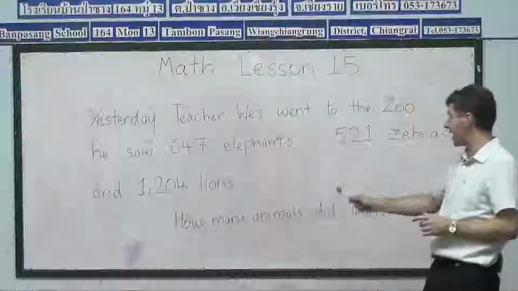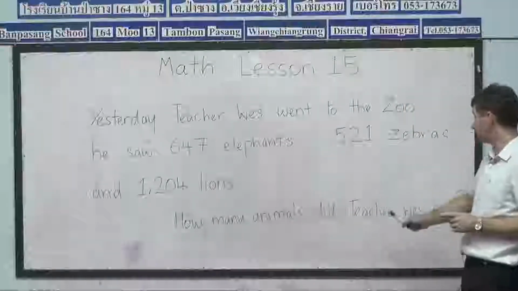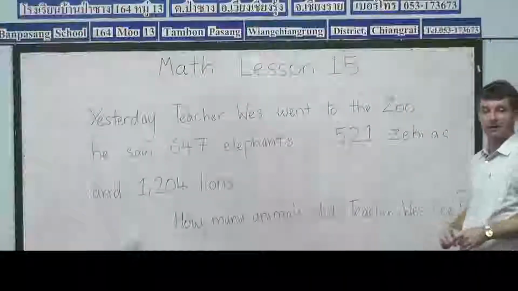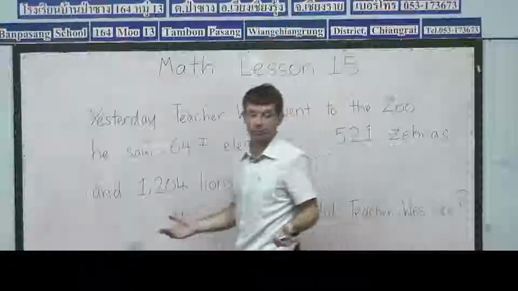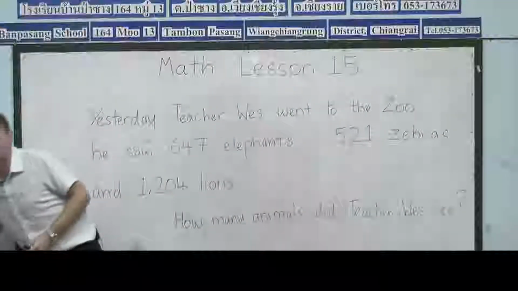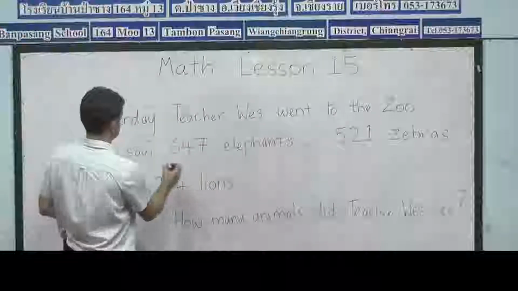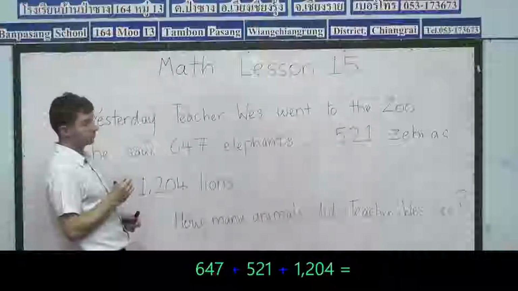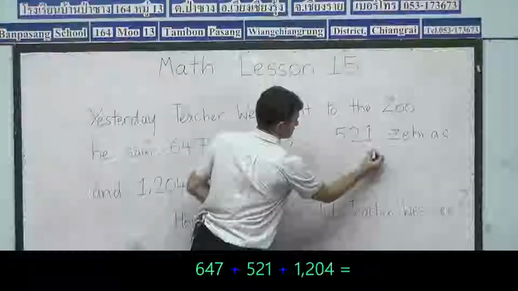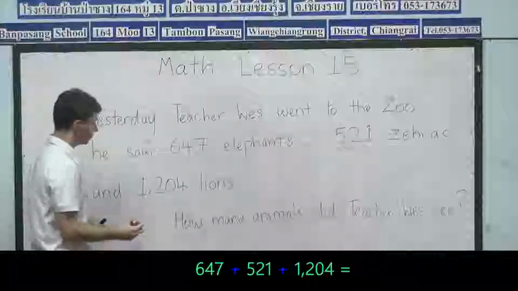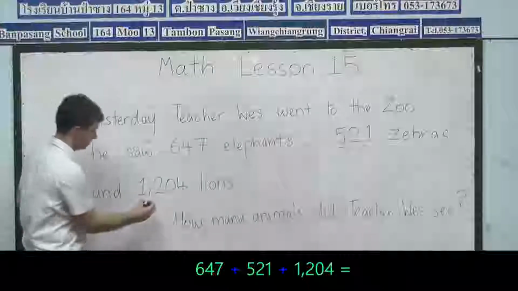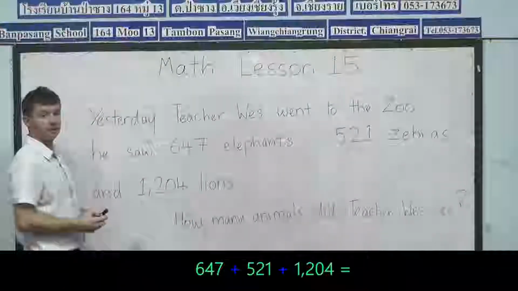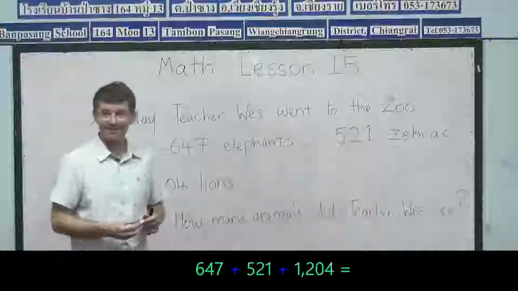How many animals did Teacher Wes see? So what do we need to do? We need to add together this number, and do we add this number too? Okay, so let's see who can get it.